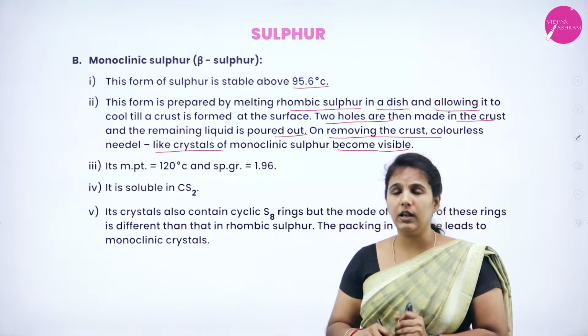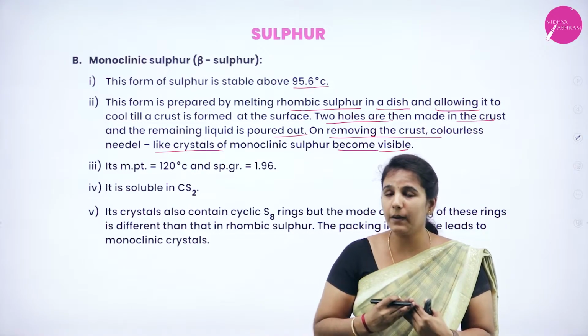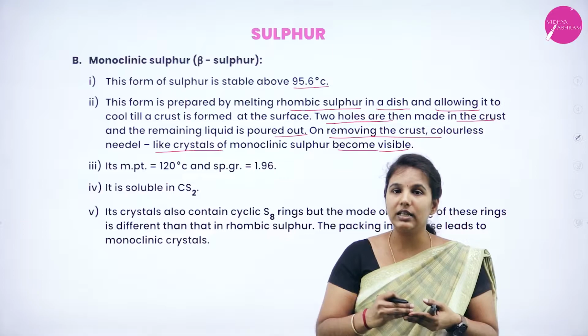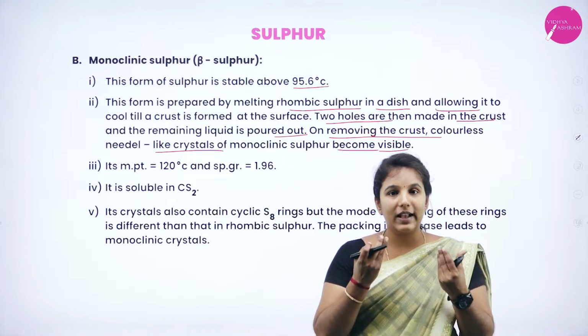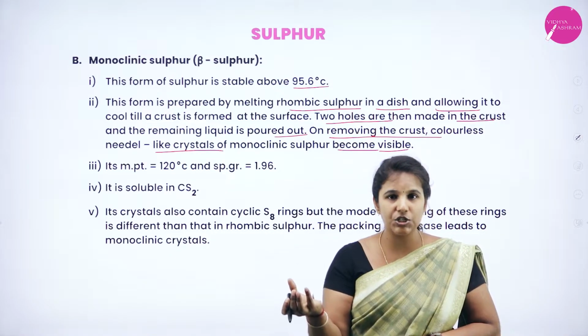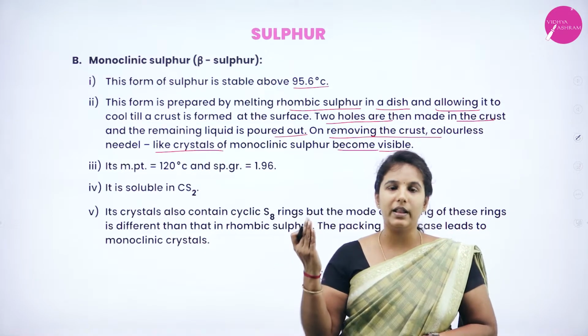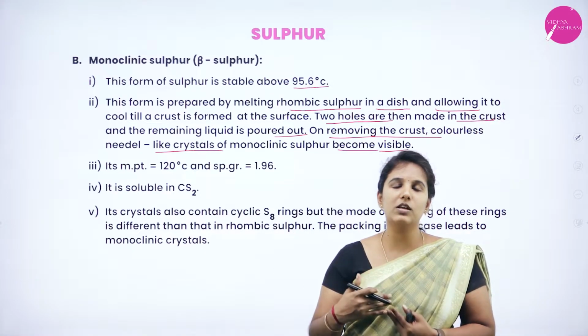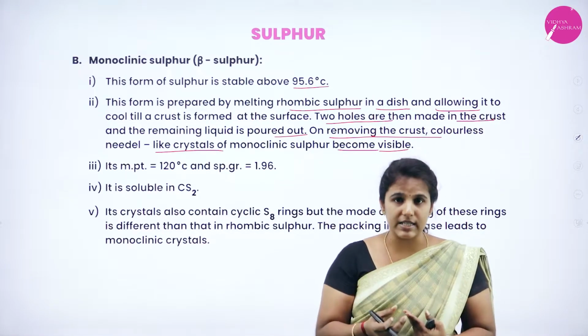What does it mean? How can we prepare monoclinic sulfur? It is usually prepared by heating rhombic sulfur. They take the rhombic sulfur in a dish and heat it, and almost all of it melts and on cooling gives a crust.